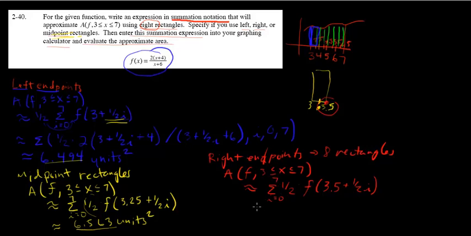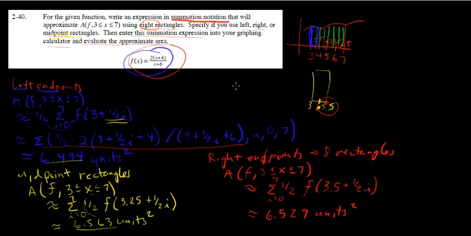We plug that into our calculator using the same expression, but now we change it to 3.5 plus 1/2 i, and we get approximately 6.529, again units squared.